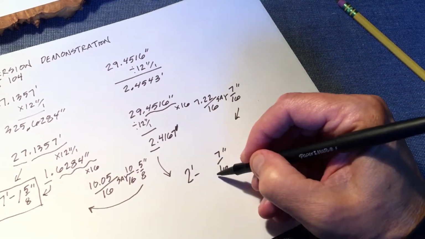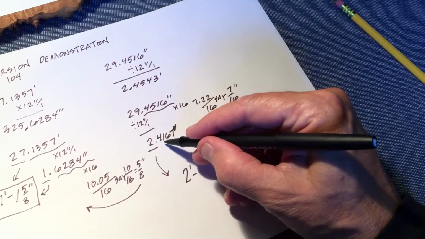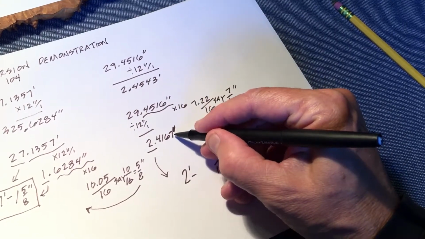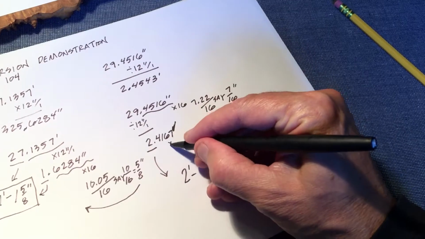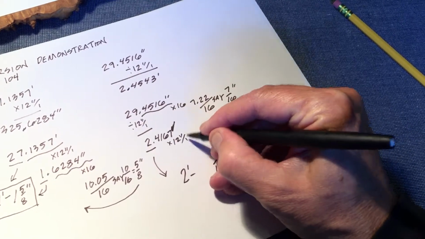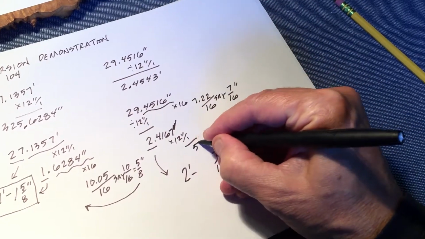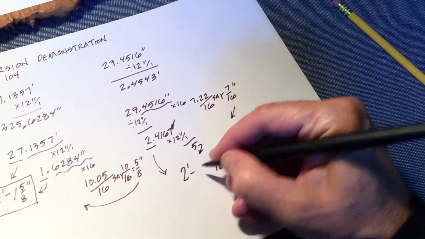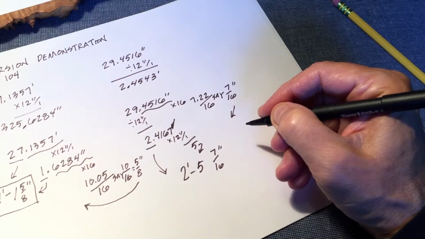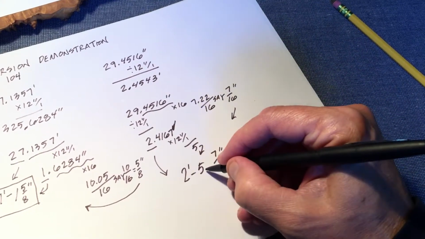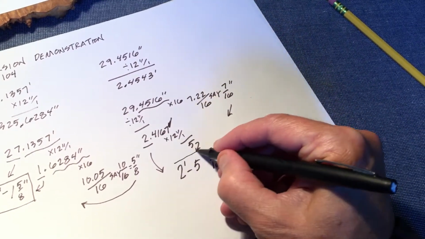Now I'm just left with how many inches do I have, and I have to take this 0.4167 feet and multiply that by 12 inches in a foot, and I come up with 5. And I put that in my answer, and I've got 2 feet 5 7/16 inches.